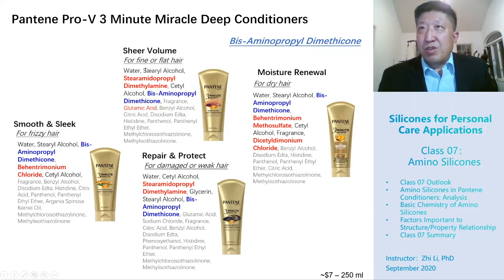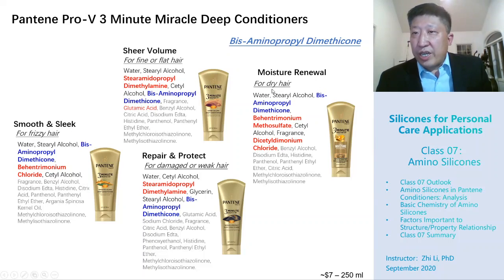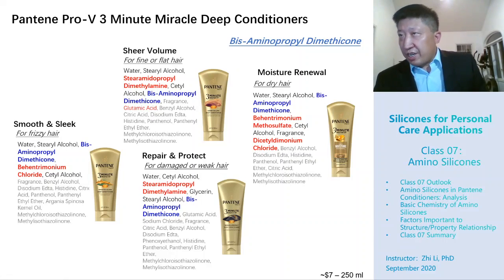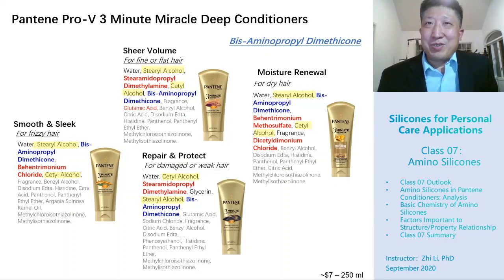There are also ones for increased volume for very fine Caucasian hair maybe, and a common issue is dry hair, the perception of not very moisturized hair. And if we look at the ingredients, we will find they're virtually the same. This is what I'm trying to tell you.